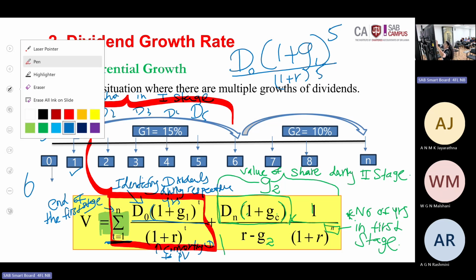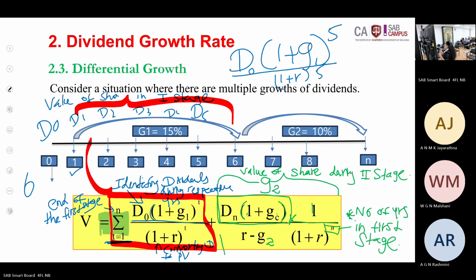Both together, collectively, you have to consider as the value of the share. Clear? We can do an example and have a proper understanding. If you want to write down something, please write it there.